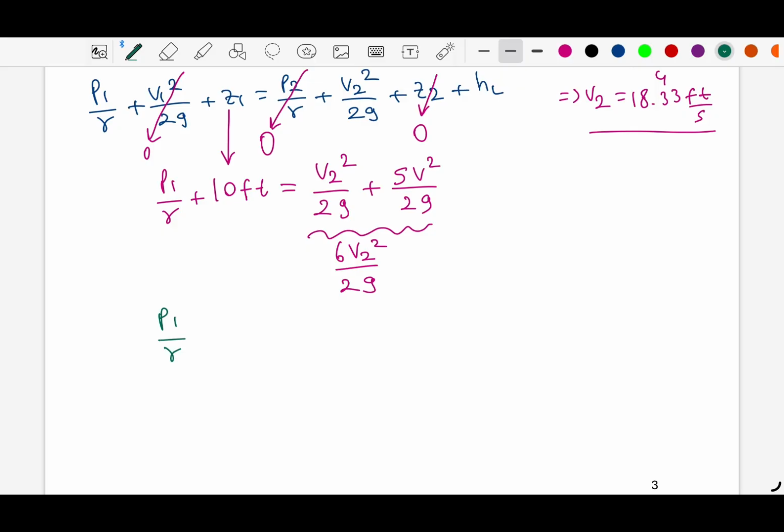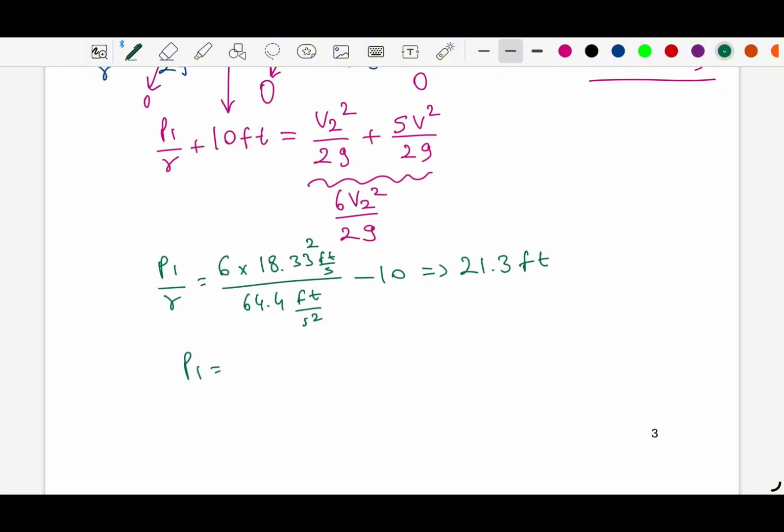We have p1 over gamma equal to 6 times 18.33 square over 2g, which is 2 times 32.2, and we have minus 10 from here. This gives 21.3 feet.